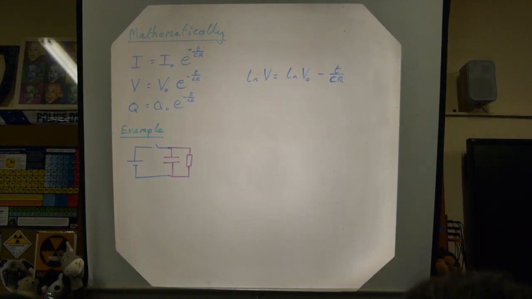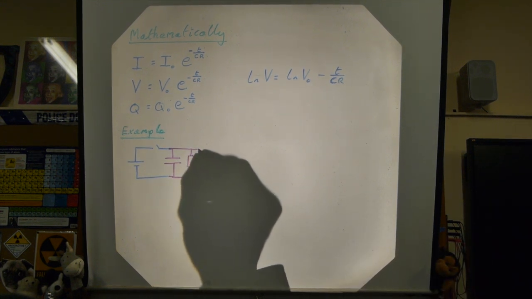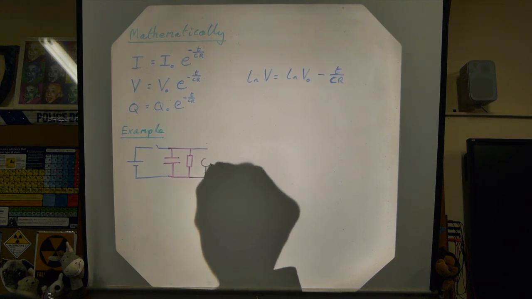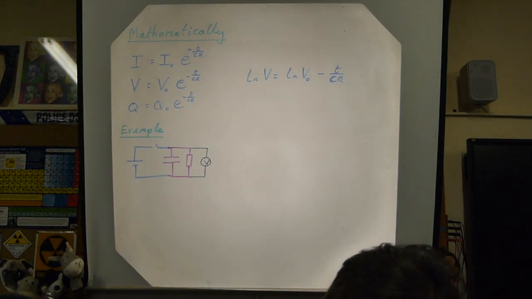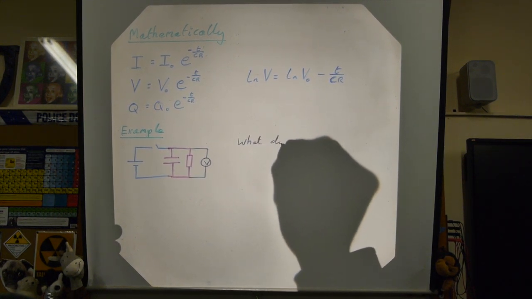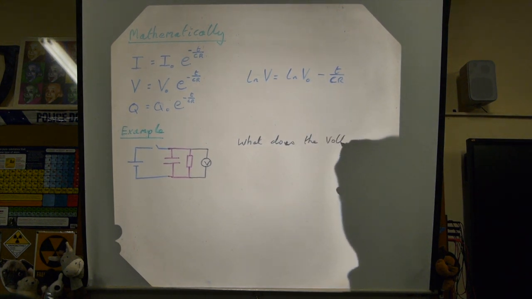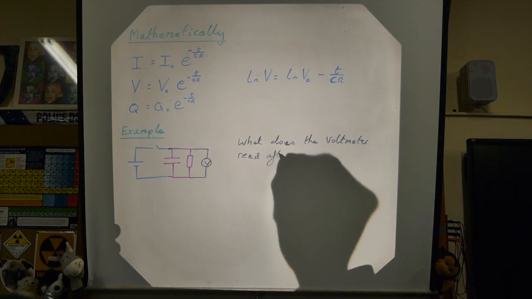Okay, and we'll put a voltmeter across it. Now remember, this voltmeter is across the capacitor and the resistor. It reads the same voltage, if that makes sense, because it's in parallel with them. There we go. And we're going to ask ourselves the question, what does the voltmeter read after 40 seconds?